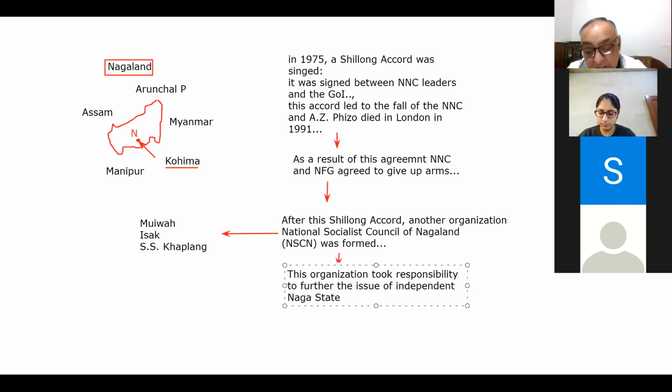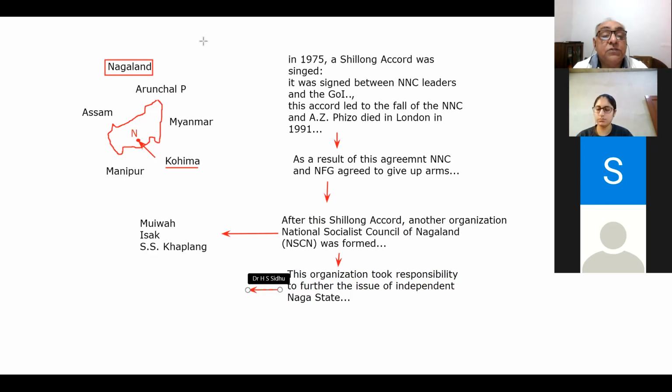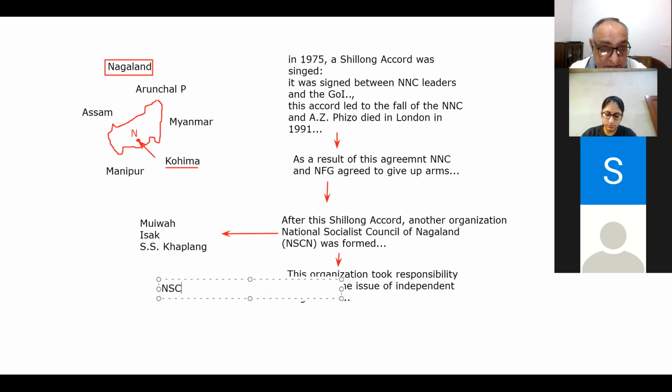So ये कहते हैं कि अब हम रिस्पॉन्सिबिलिटी लेते हैं, हम आपको सेपरेट नागा स्टेट बना के दिखाएंगे, right? So this group also formed an underground government with separate civil and military wings.